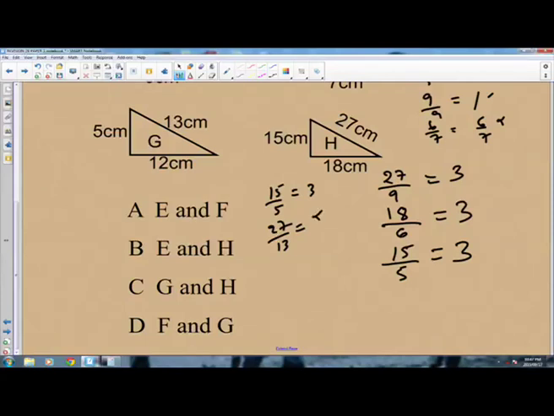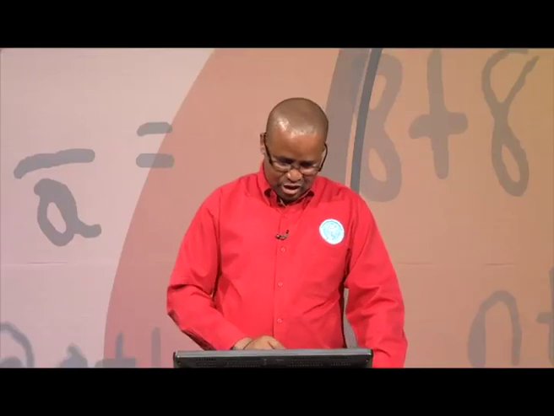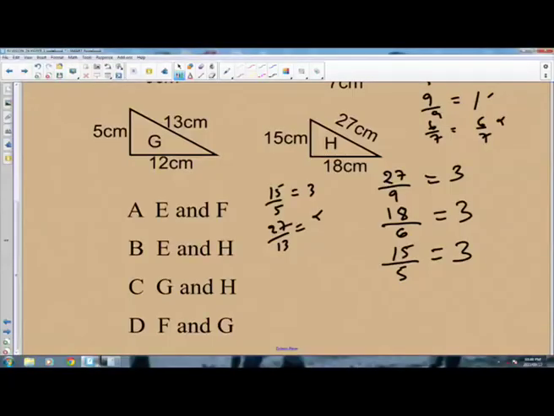So the two triangles are not similar, because we can see that the ratio is not constant. For you to say these triangles are similar, we expect the ratio of the corresponding sides to be the same throughout. So G and H are not similar. And then what about F and G?